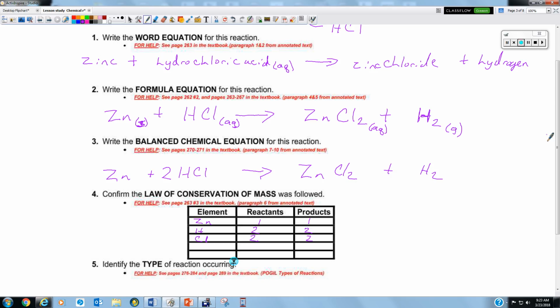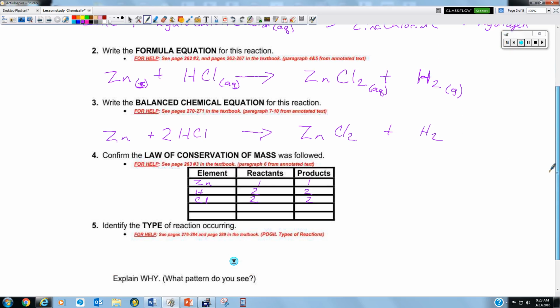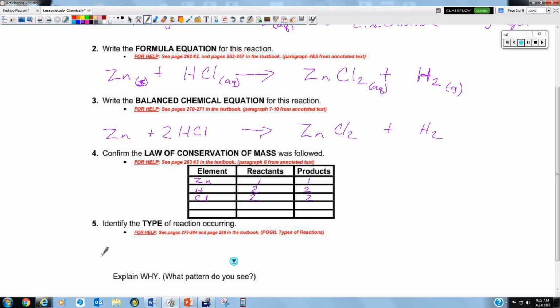Now, just looking at this reaction, what type of reaction is it? Single, double, synthesis, decomposition, what? It's single replacement. All right? And it's single replacement because one metal replaces another.